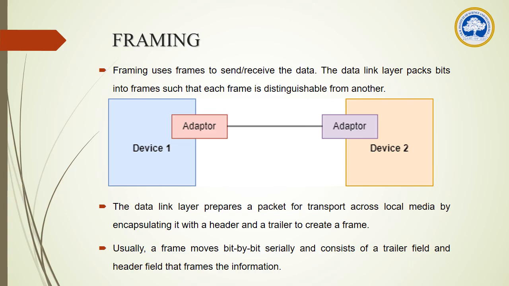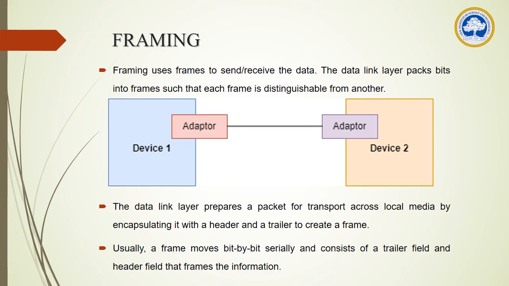If you consider the example in the diagram, two devices are connected together with adapters at both ends. Let us try to understand the framing concept from the diagram. The adapter sends the data as signals which flow through the cable and are received by the physical layer of the other device.